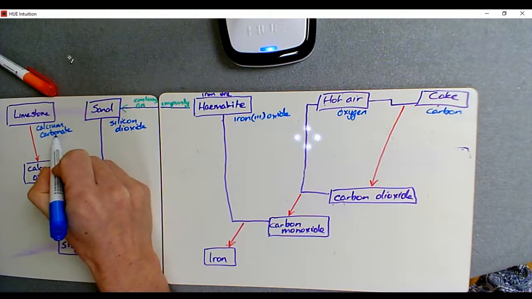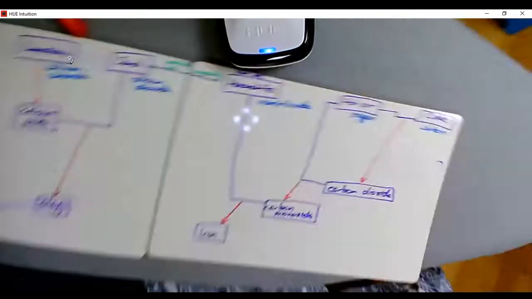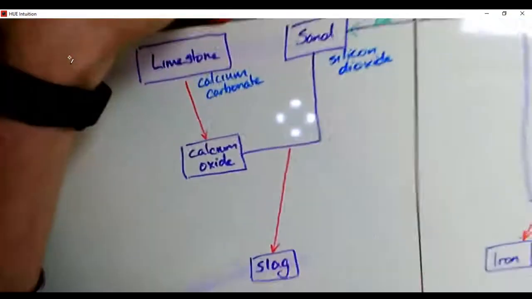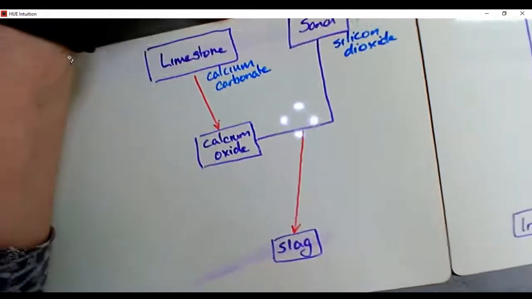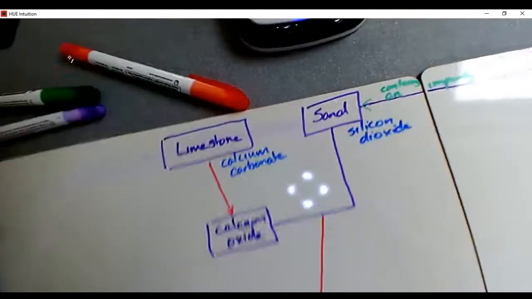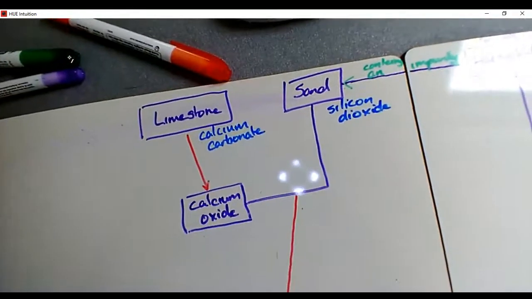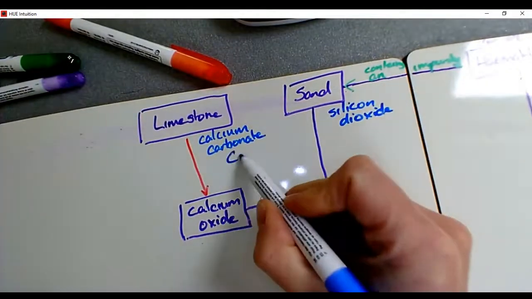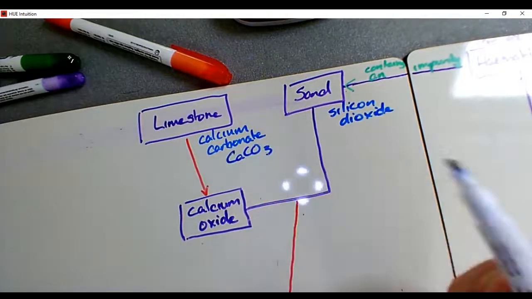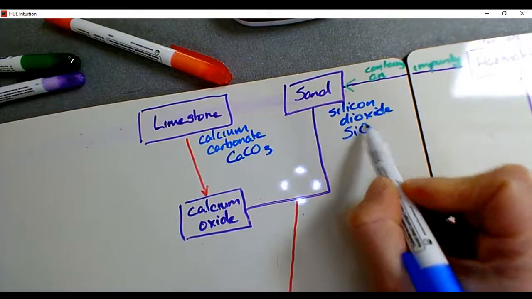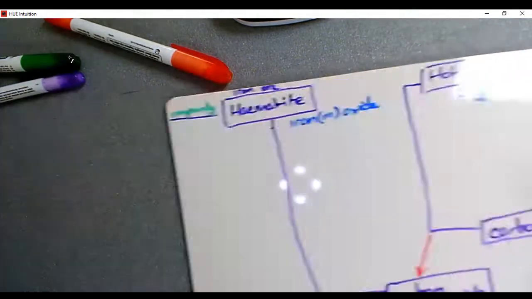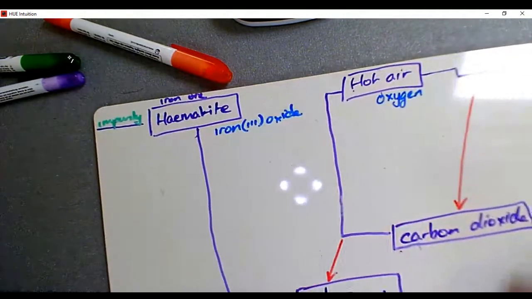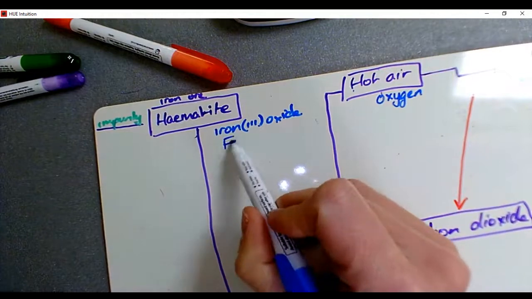So this is CaCO3. This is SiO2. This is Fe2O3.